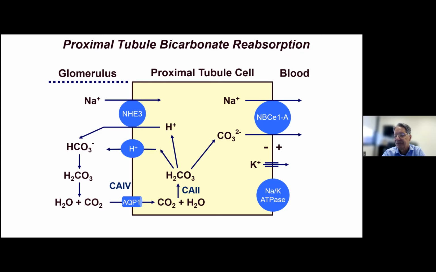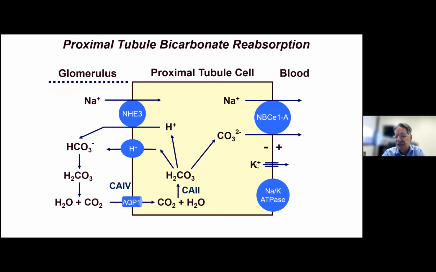So the voltage driving force out is greater than these two things, and you end up with a net driving force out. The voltage is created by the sodium pump. Remember, there's three sodiums and two potassiums that are transported here. They're not equal, and that creates part of the voltage. And then there's what's called a diffusion potential created by potassium leaking out of the cell.